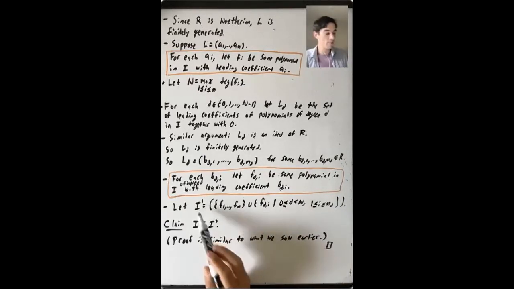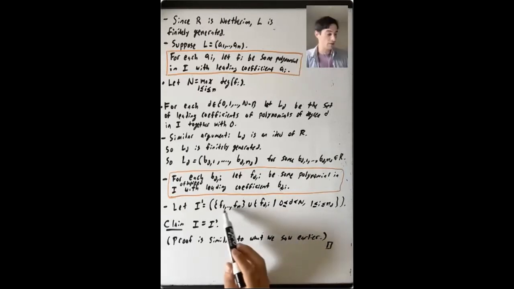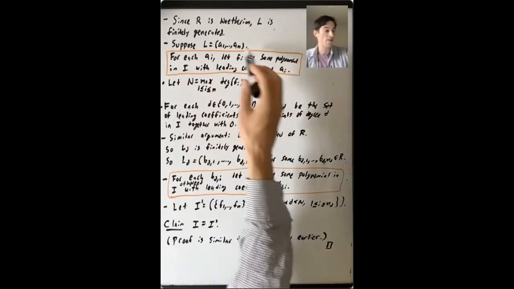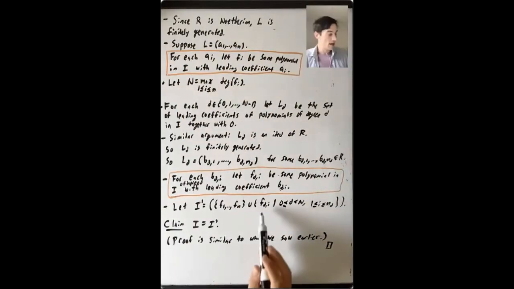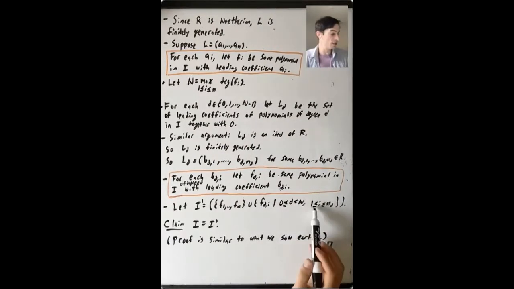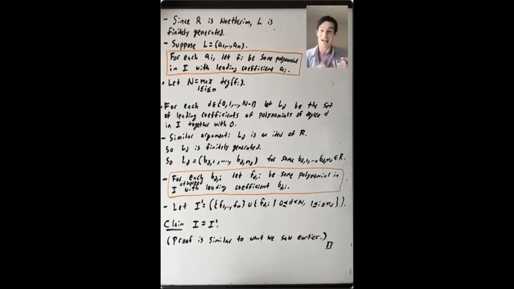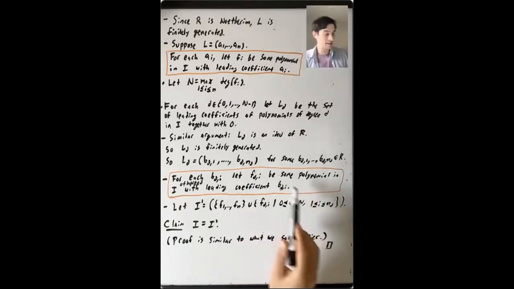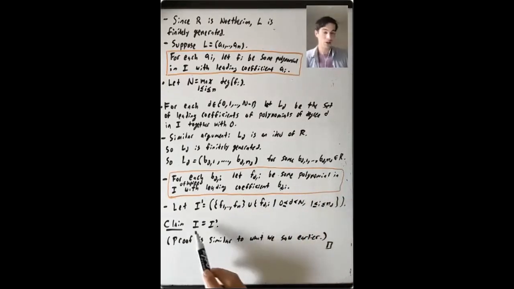So we're going to let I prime be the ideal generated by F1 up through Fn that we got here, and then together with Fdi, all of these Fdi's, where d goes between 0 and N minus 1, and for each choice of d, we have i going from 1 to nd. And now the claim is that this set of polynomials generates the whole ideal I.